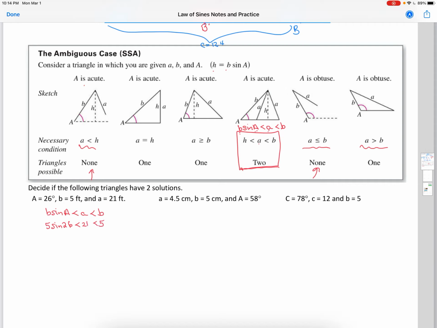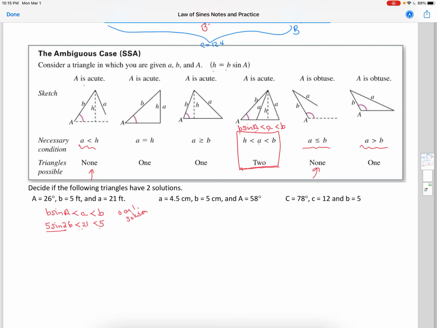And will that be less than 5? Well, we don't even have to bother with this because 21 is certainly not less than 5. So this should have 0 or 1 solution. We can work it out to find out whether it is 0 or 1 solution. But since A is greater than B, it will have 1 solution.